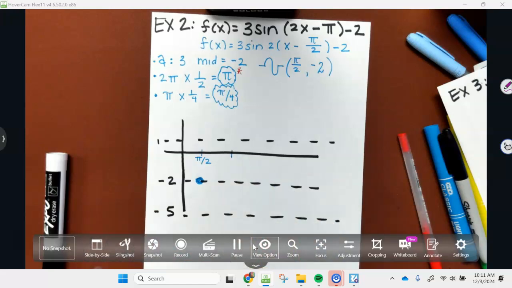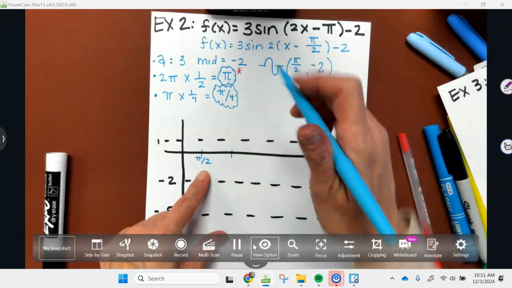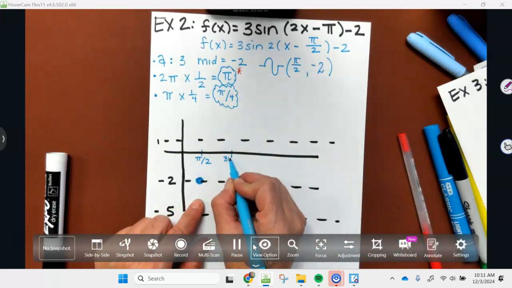I just don't know how much that is. But what I can do is I can make pi over 2 into 2 pi over 4. So that's 2 pi over 4. So 2 pi over 4 plus 1/4 is 3 pi over 4.